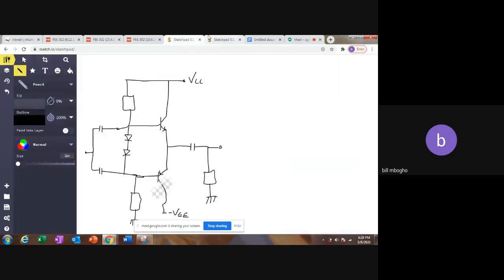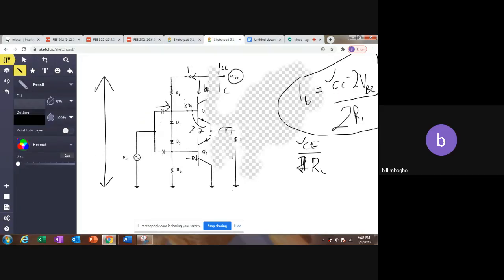So if we come back here, VCC over 2RL gives us the saturation current. And therefore now we have a way of getting the IC sat, because the saturation current we've been told is just VCC over 2RL.